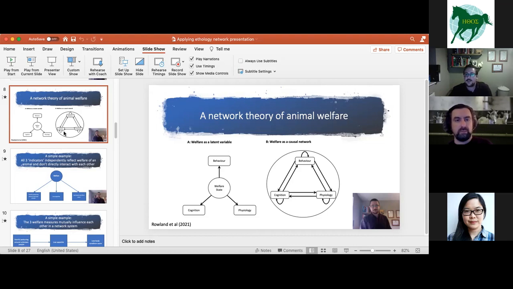Maybe as the research and the ideas develop, we might be able to almost layer networks on networks. But for now, I think that we can't necessarily directly incorporate subjective state into the networks. We just have to make some sort of assumption or validity argument that what we're measuring is relevant to subjective state. If that answers the question.